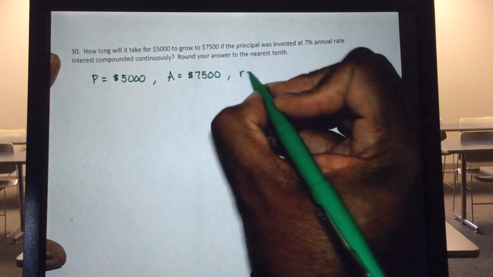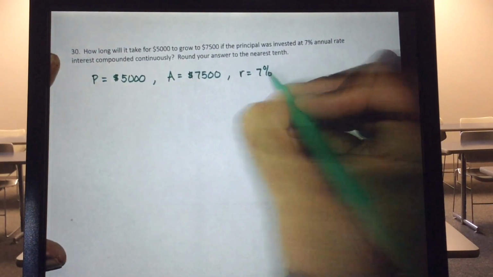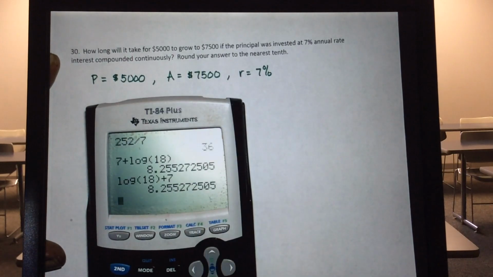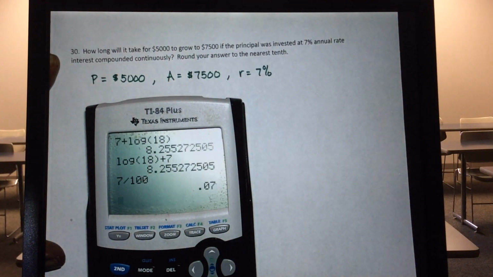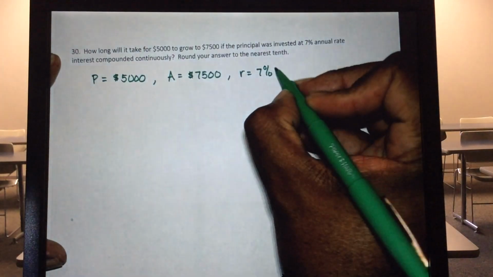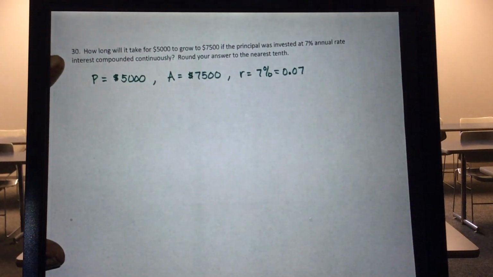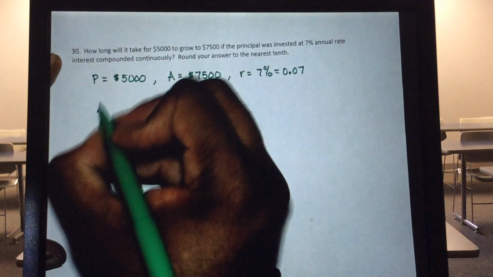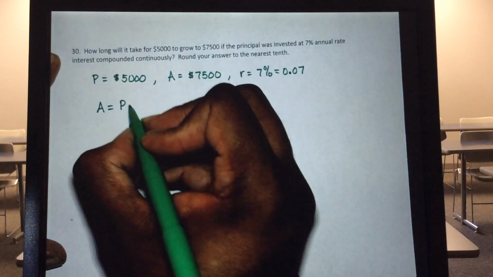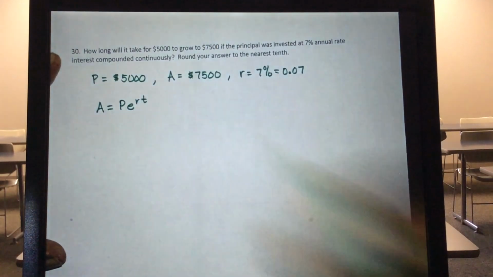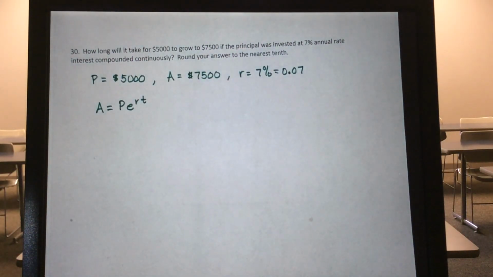Your interest rate was 7%. Now, 7% as a decimal, you take 7, divide that by 100, and that will give you the decimal interest rate, 0.07. And it's compounded continuously, so we must use this formula: A is equal to P times e to the rt.